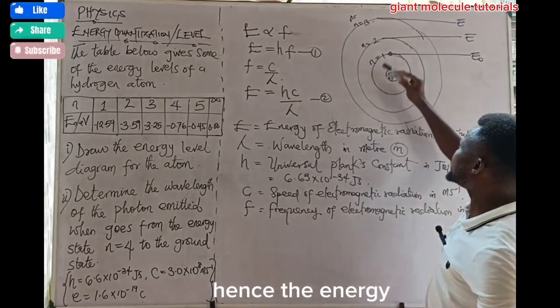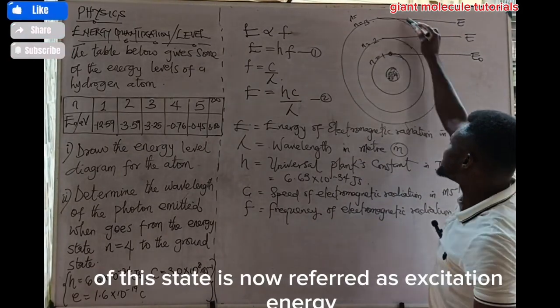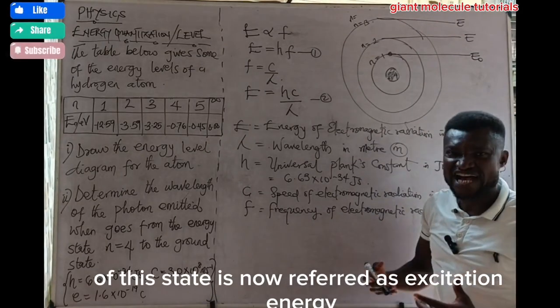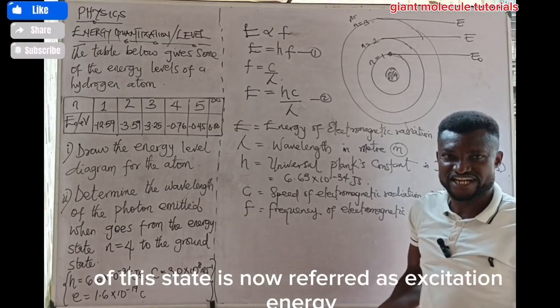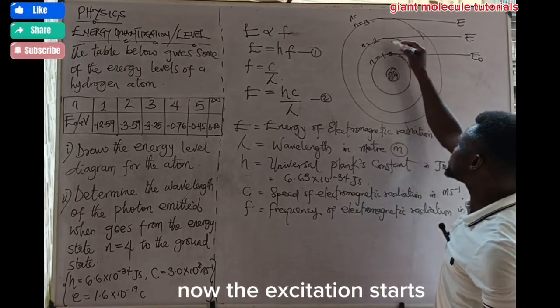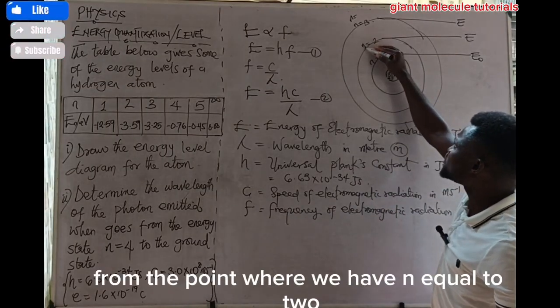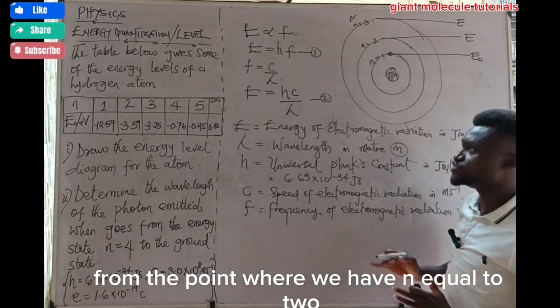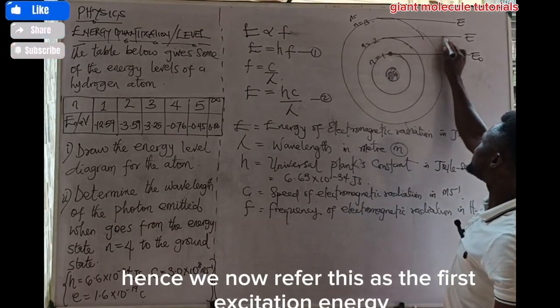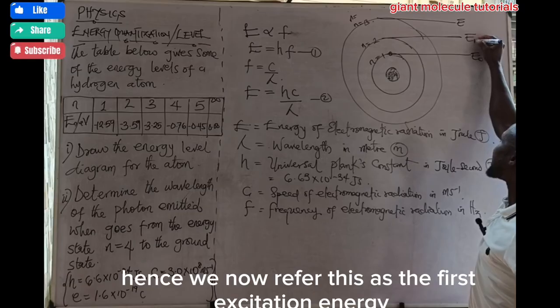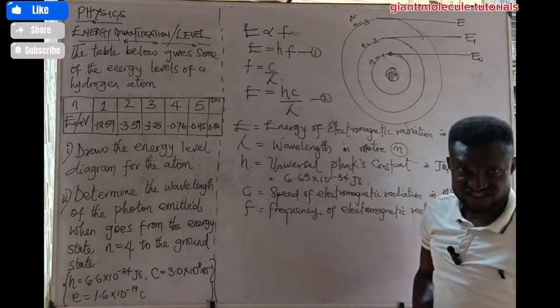Hence, the energy of this state is now referred to as excitation energy. Now, the excitation starts from the point where we have n equal to 2. Hence, we refer to this as the first excitation energy.